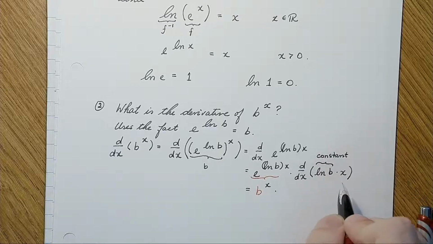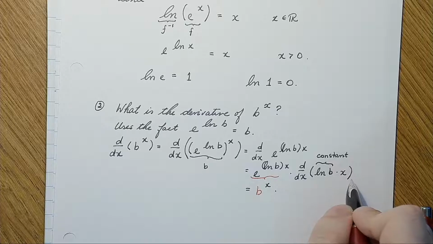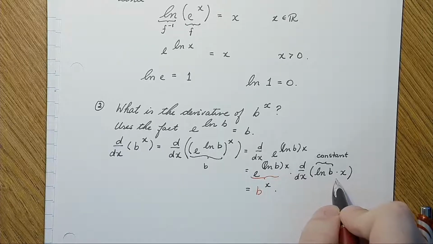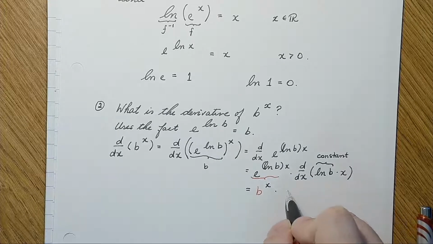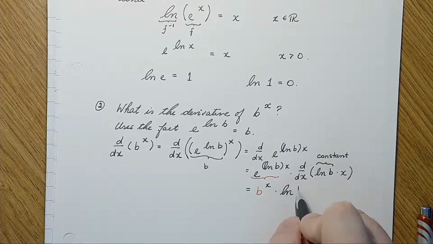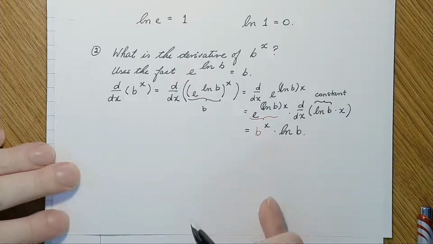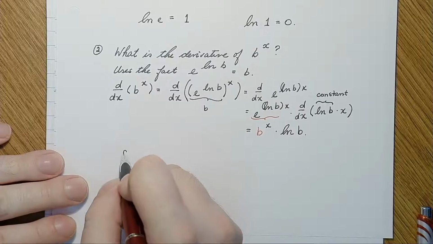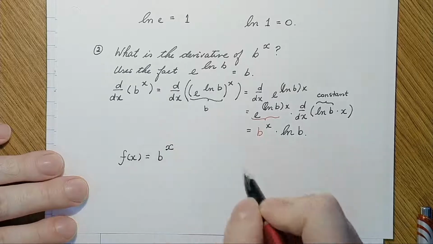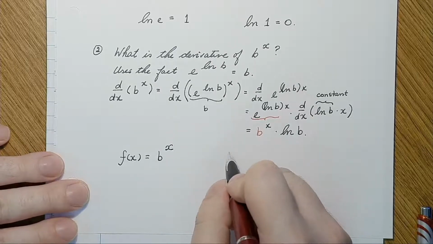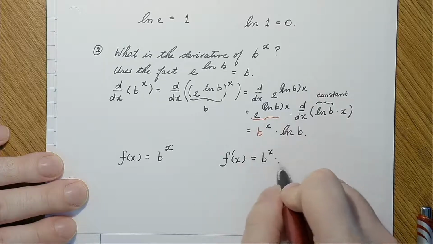So if I think of that as a constant like 3 or 4, then it's a constant times x, and the derivative of that is just the constant. And that's it. So the derivative of b to the x is equal to b to the x times ln b.